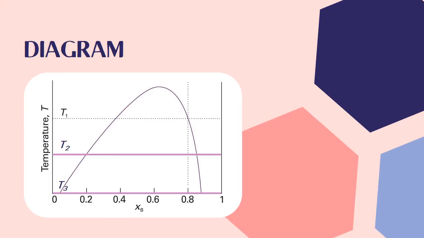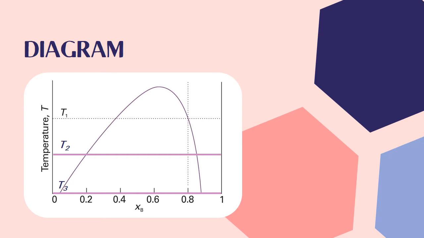To properly describe what happens to the compositions and the phases of our mixture as it is heated, we will have three temperatures that we are going to observe. These will be T1, T2, and T3.